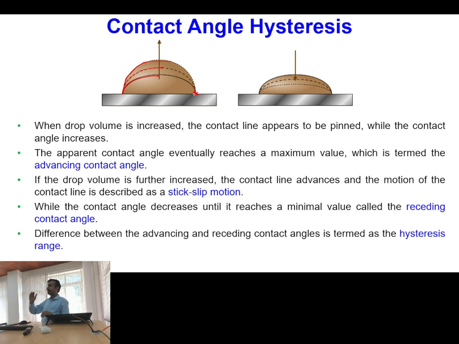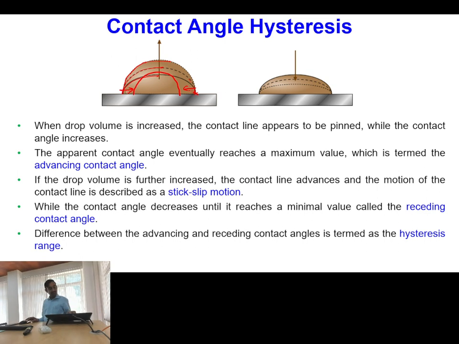Then you will reach a situation corresponding to the least value of the contact angle, and after that, if you further suck the fluid, the length of the droplet will change and it will occupy a new location. Immediately there will be a jerk in the contact, and the contact line will retract and occupy a new position.